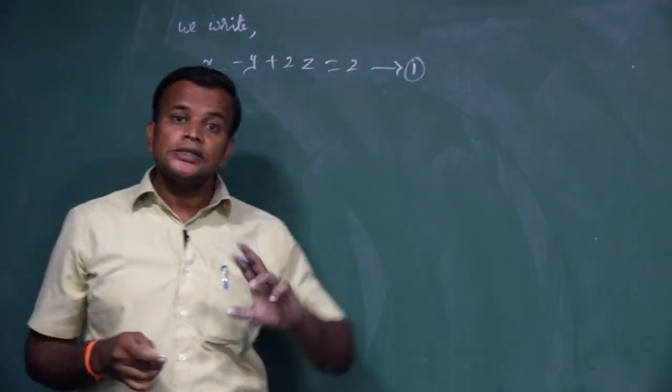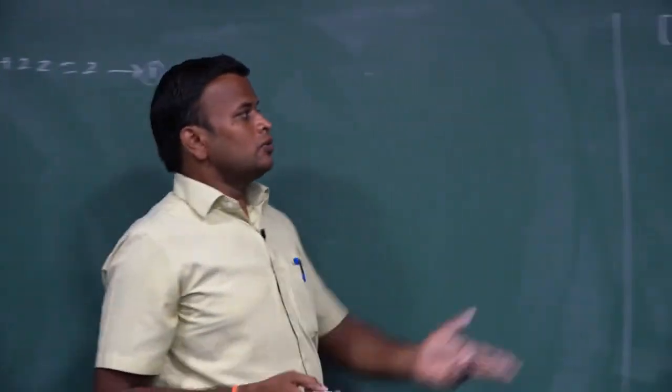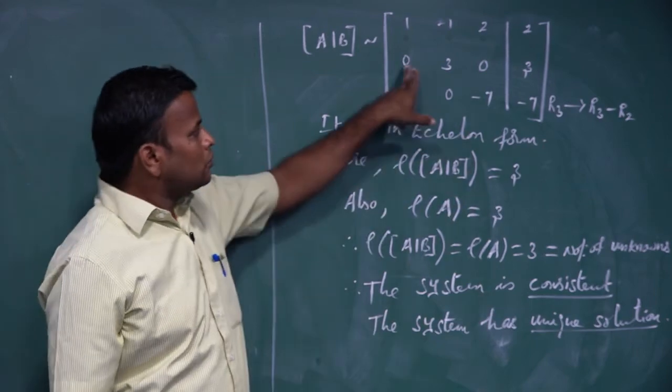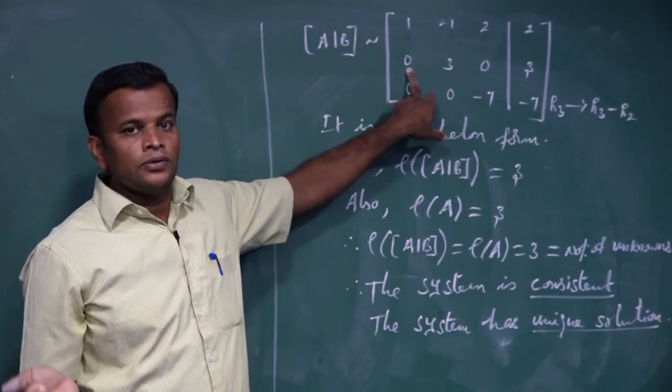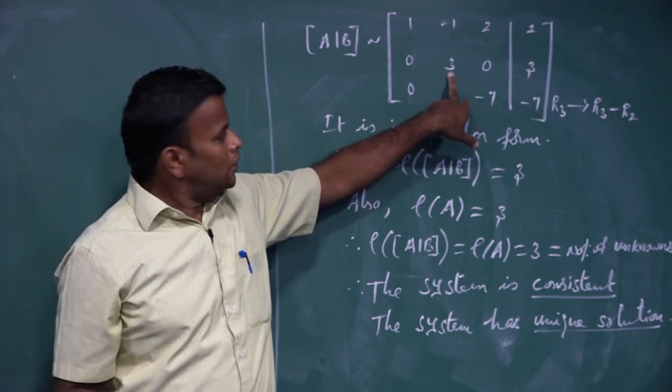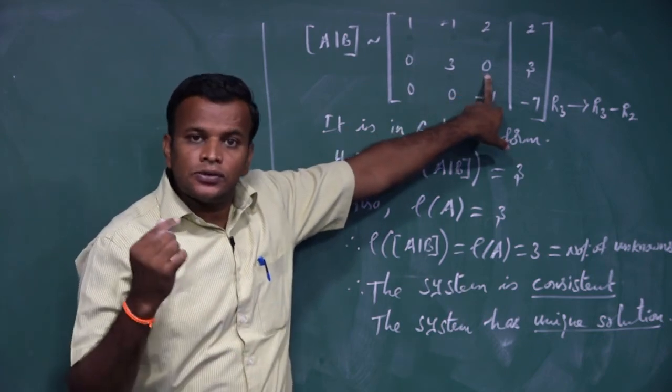Next we see the second row: 0, 3, 0, 3. The first one, the coefficient of X, is 0, so we leave it. The second one, the coefficient of Y, 3 into Y is 3Y. The third one, the coefficient of Z, is also 0 here.